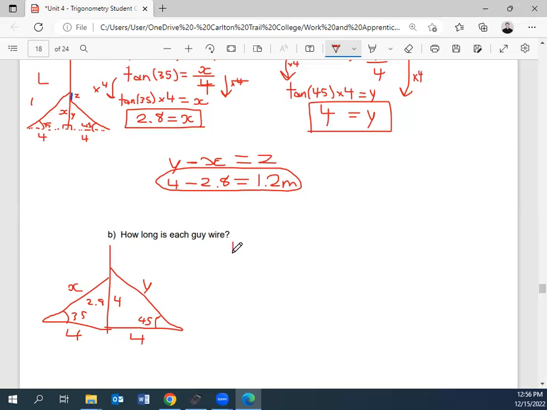Let's figure out x first. That's the left one. So a squared plus b squared equals c squared. On this left triangle, which one of these three is my hypotenuse?